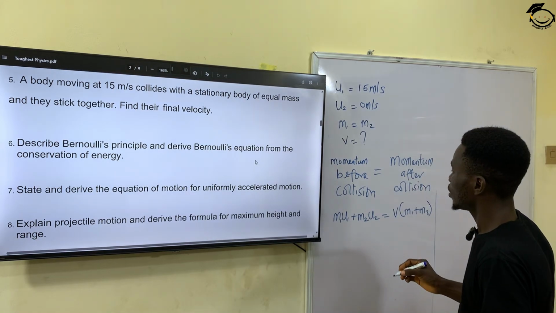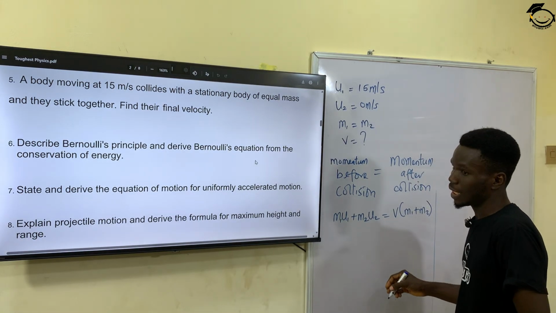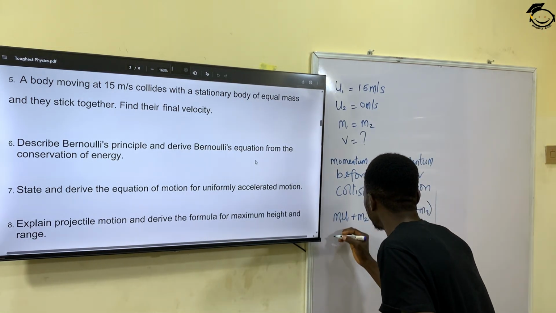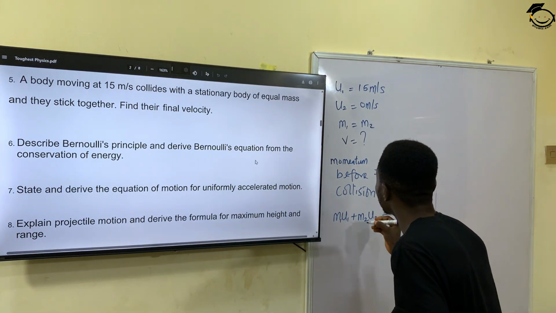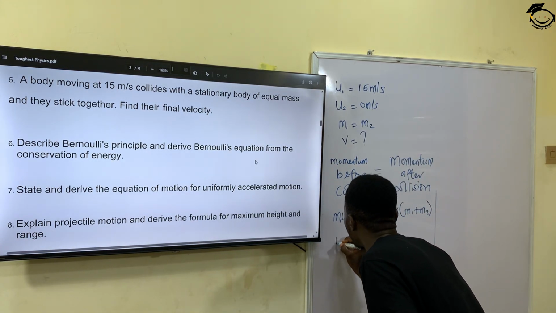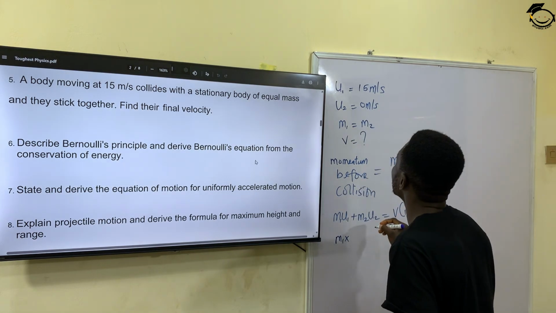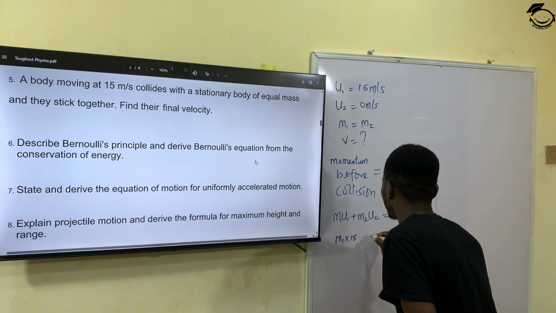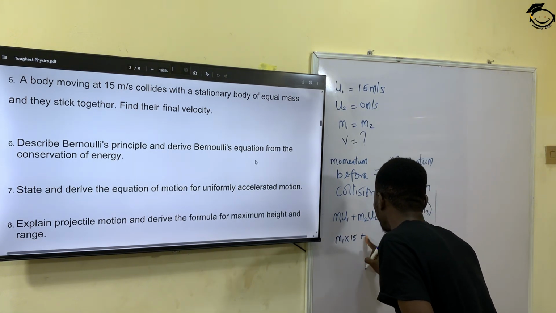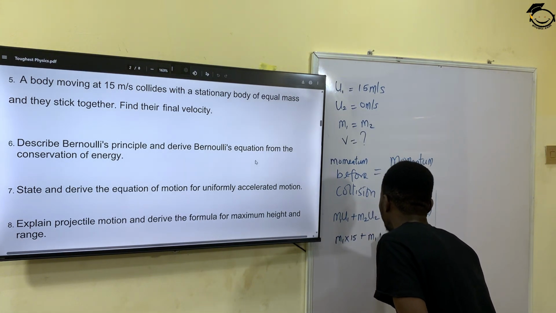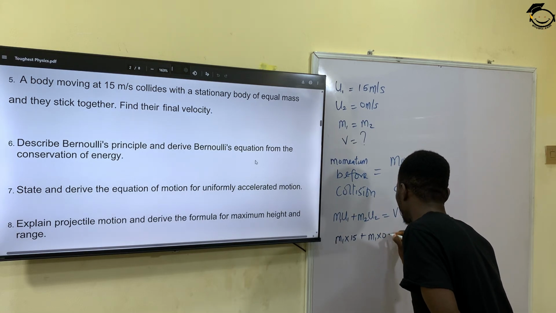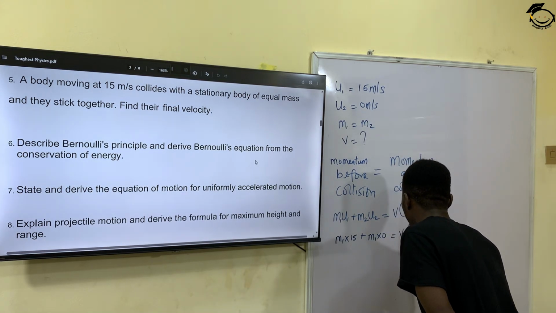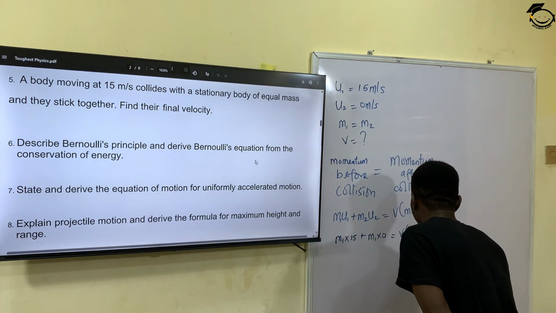Since m1 is equal to m2, this is m1 times 15 plus m1 times u2, which is 0, equals v times (m1 plus m1).